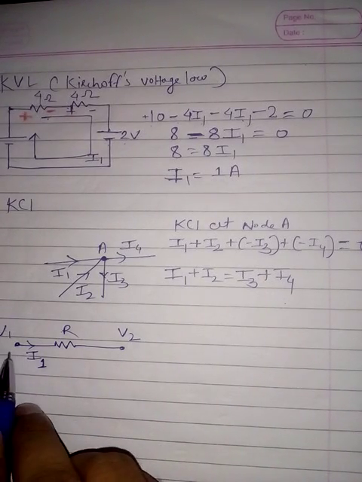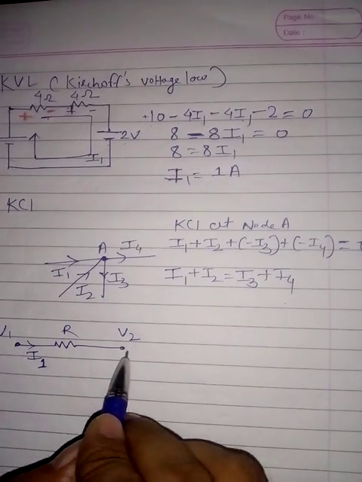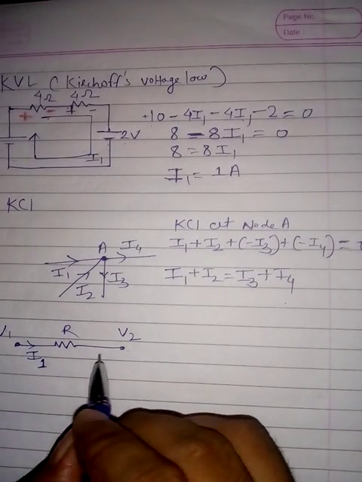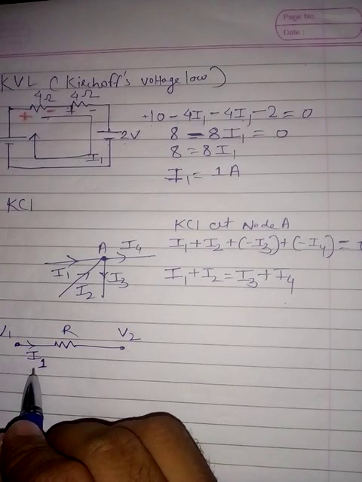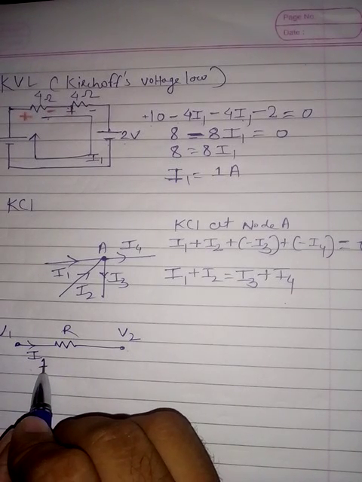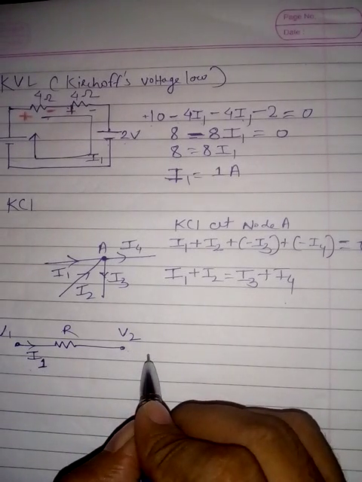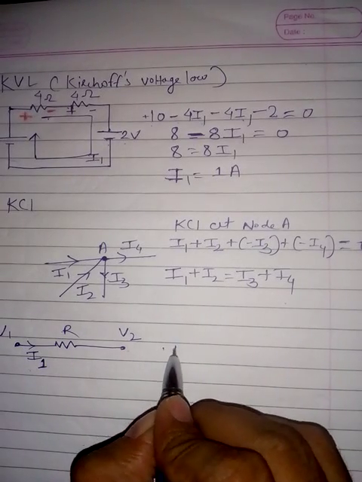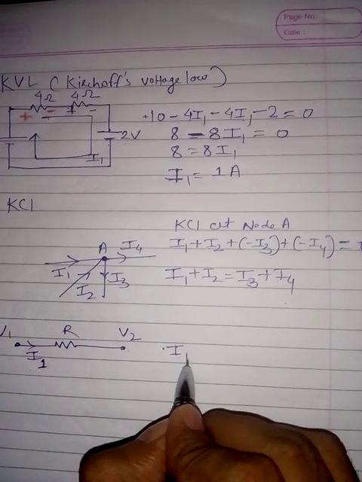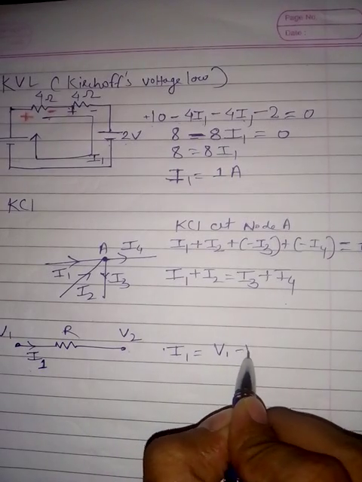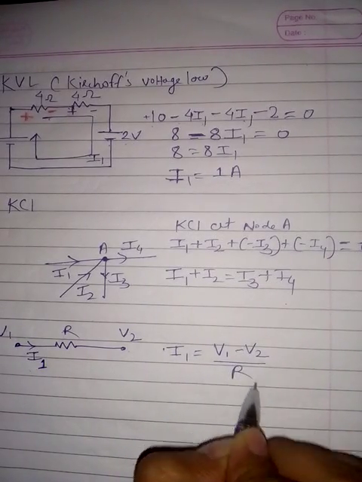Since current is going from V1 to V2, and we have to write the value of I1, then we can directly write I1 is equal to V1 minus V2 upon R.